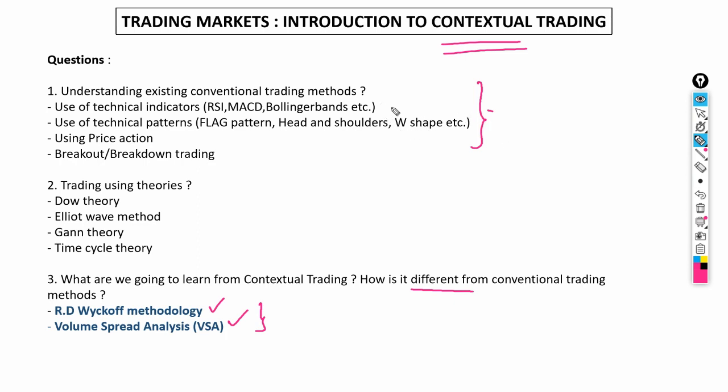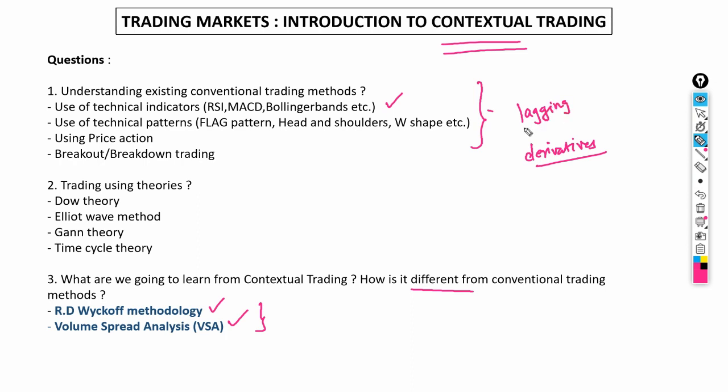for example, if we take the technical indicators, these technical indicators are the derivatives of price, because these are generated after the price action is generated. Usually they are also known as lagging indicators.